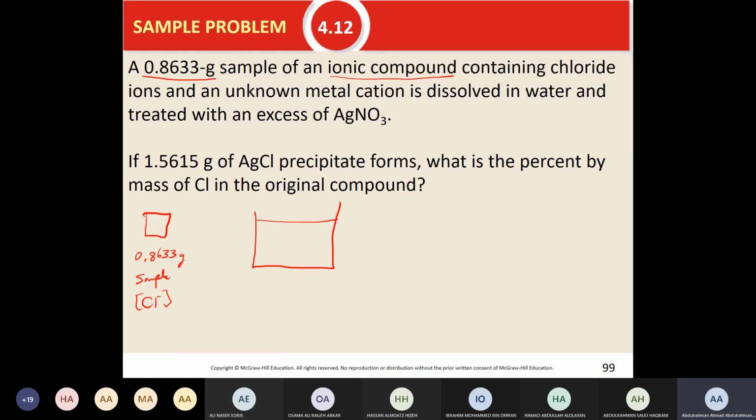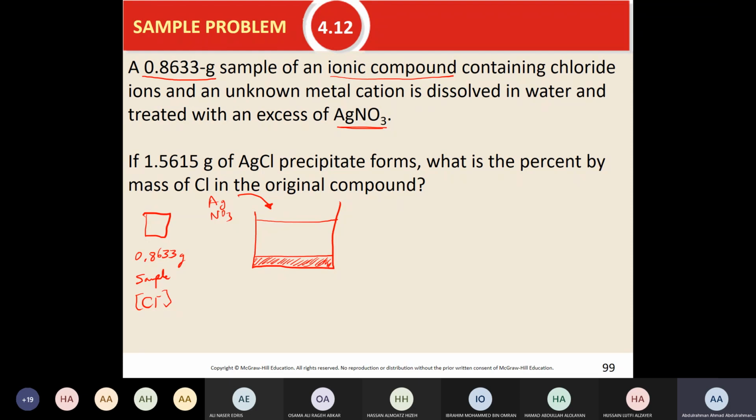Then what did I do? I took AgNO3 and added it. Read here: containing chloride ion and unknown metal cation is dissolved in water and treated with AgNO3. This means I added AgNO3 to it. What will happen? AgCl will precipitate down.